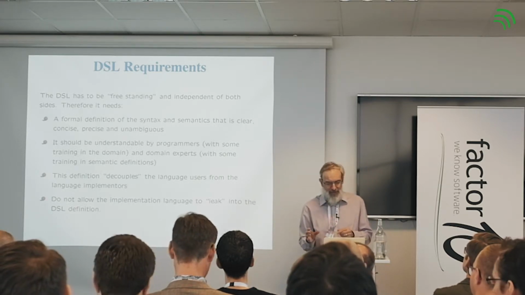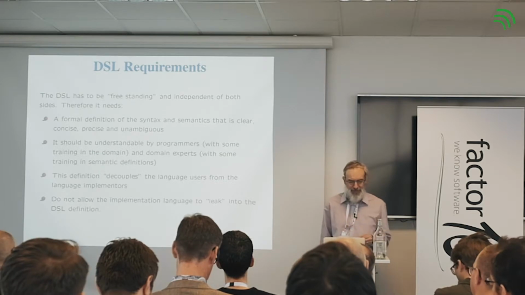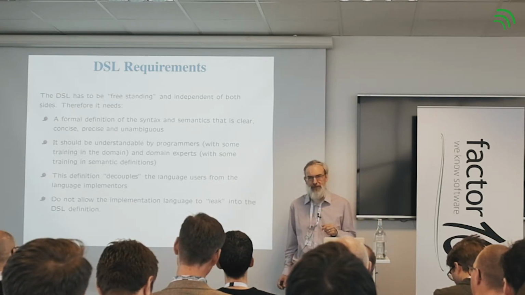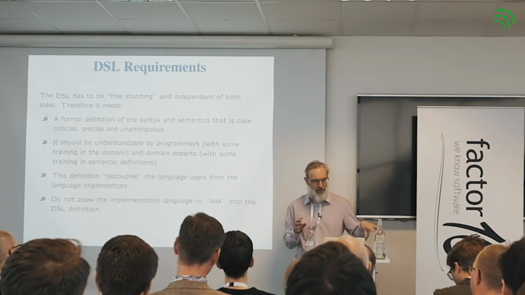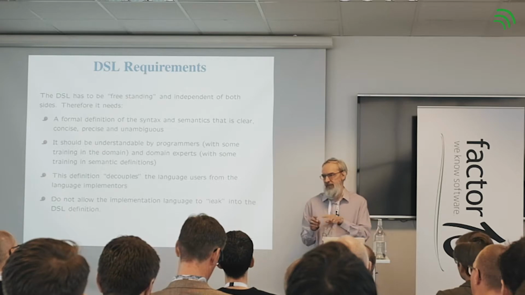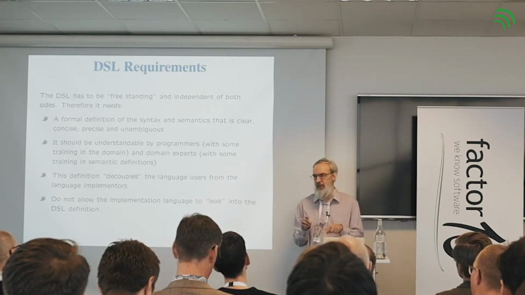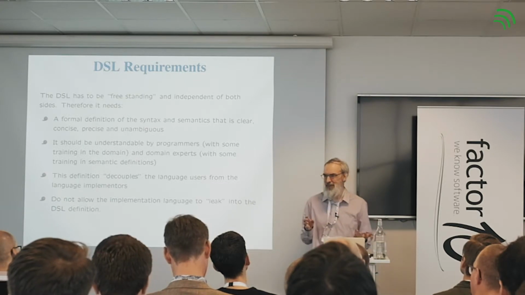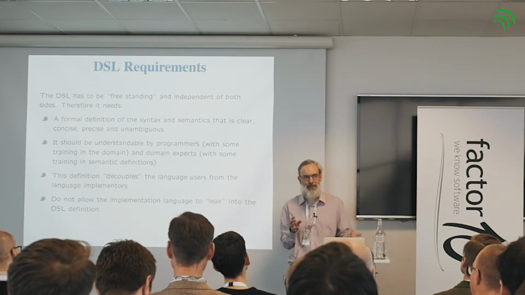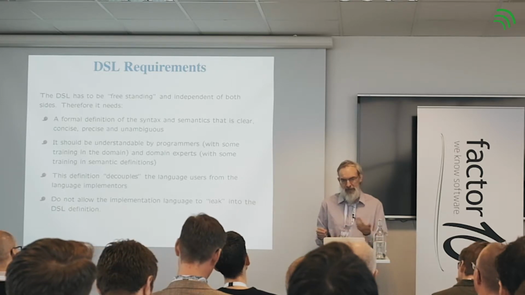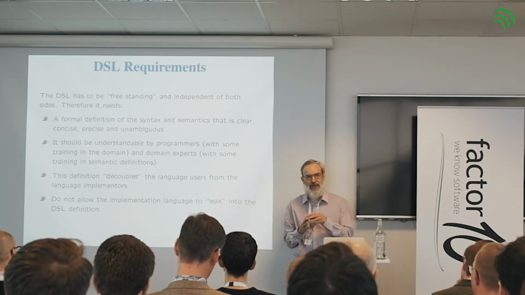One trap that's enticing you to fall into is to say, well, I'm going to implement my language in this language, so why don't I just make the features of this language available in my domain language, because that costs nothing. It costs nothing to make the features of the underlying language available in your DSL. That's what I call allowing the implementation language to leak into your DSL.